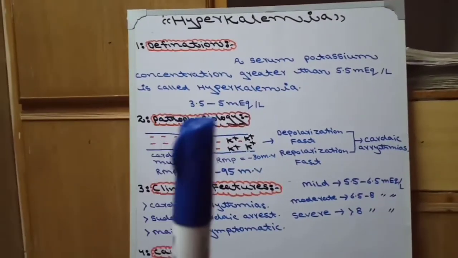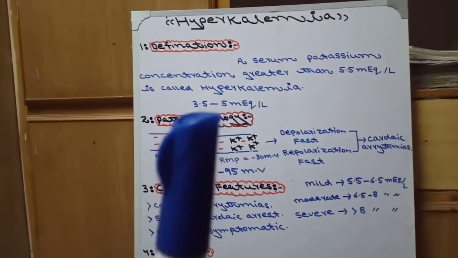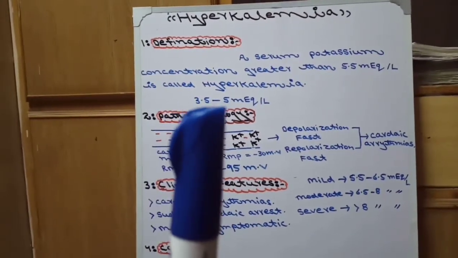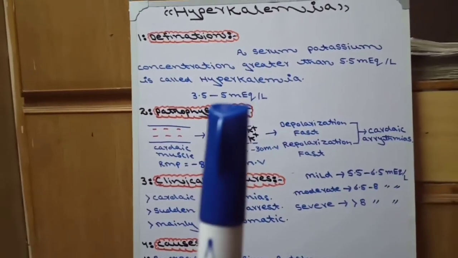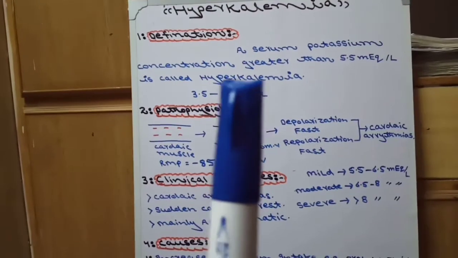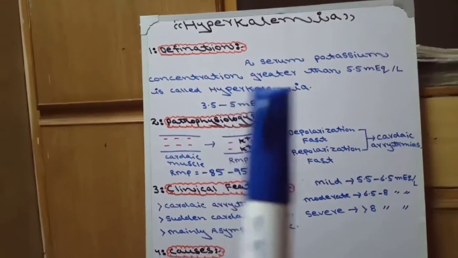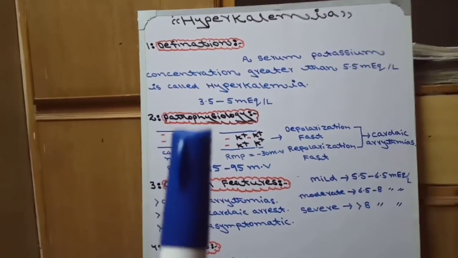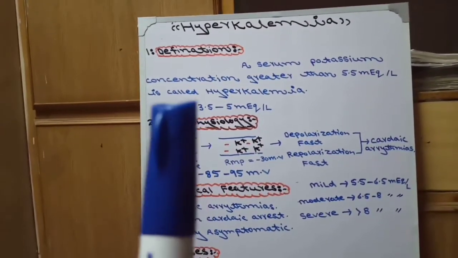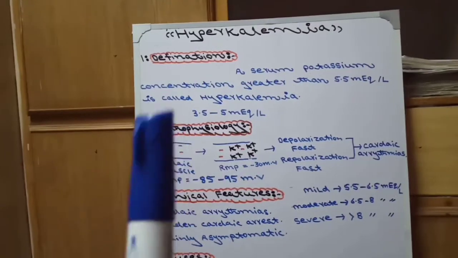The normal range of potassium in our serum is from 3.5 to 5 milliequivalent per liter. But if it is greater than 5.5 milliequivalent per liter, it will be called hyperkalemia. If it becomes less than 3.5, it will be called hypokalemia. This is the definition of hyperkalemia.